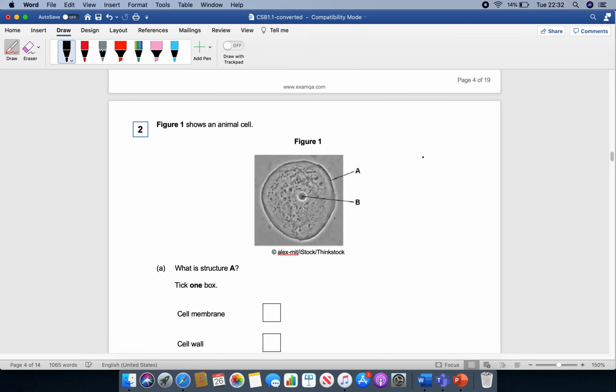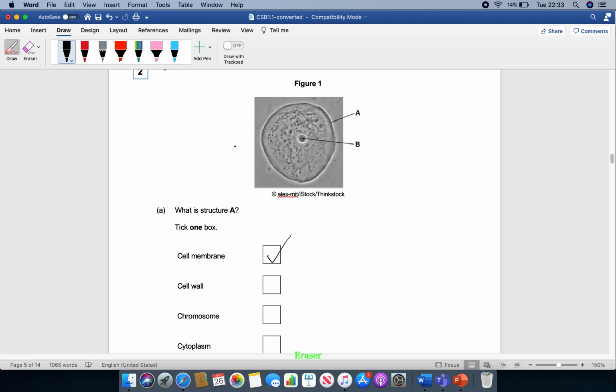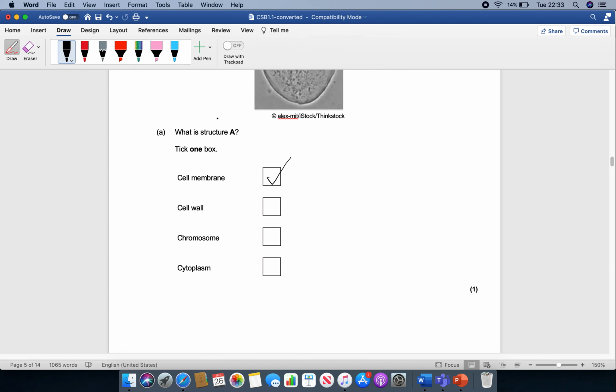Next question. Figure 1 shows an animal cell. What is structure A? Tick 1 box. So this is a simple question. Structure A is showing the outside of the cell, and because it's an animal cell, it doesn't have a cell wall, so we know that this is going to be the cell membrane, and that will give you one mark.